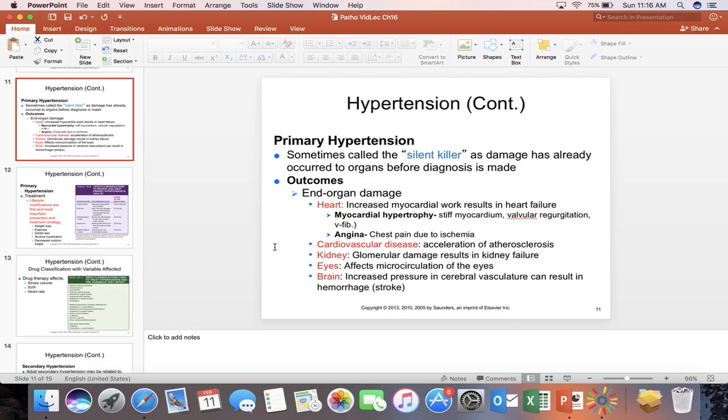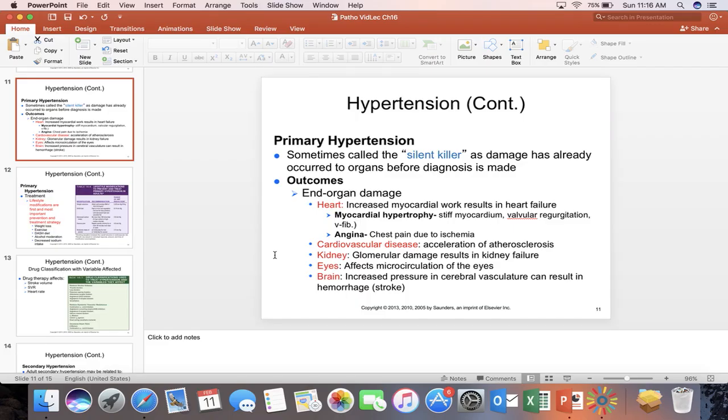Cardiovascular disease is the acceleration of atherosclerosis. You're going to have kidney damage, due to glomerular damage, resulting in kidney failure. In the eye, you're going to have microcirculatory effects. And in the brain, there is increased pressure in the cerebral vasculature, which can result in a stroke.